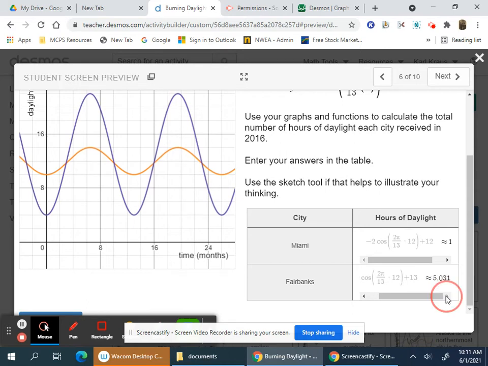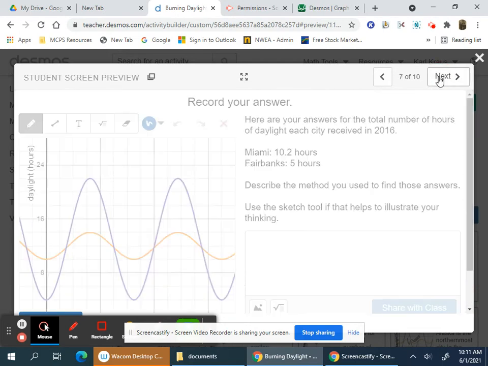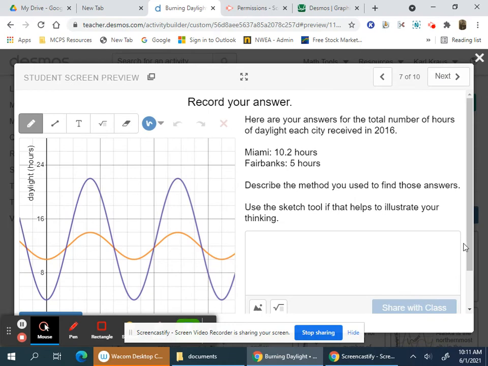So 5.03 as opposed to 10.23. Here are your answers for the number of hours in 12 months: 10.2 for Miami, 5 hours for Fairbanks.